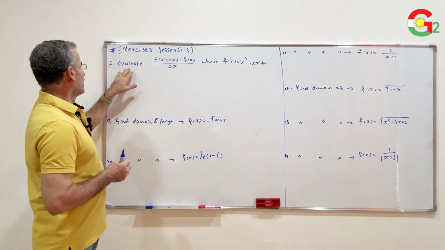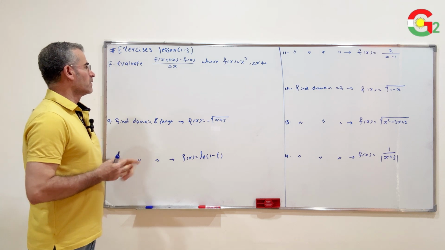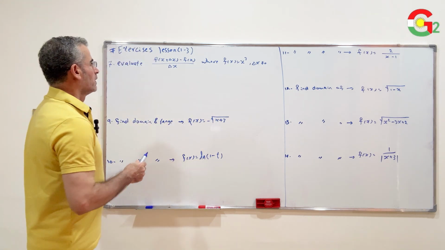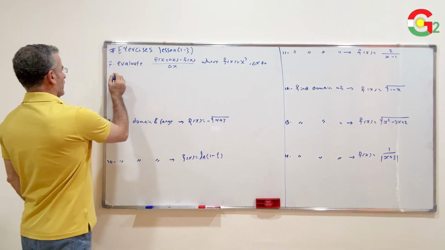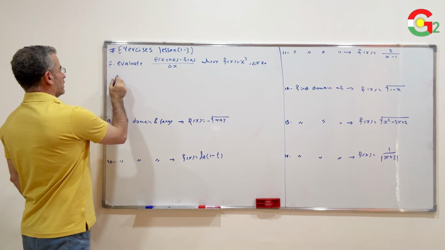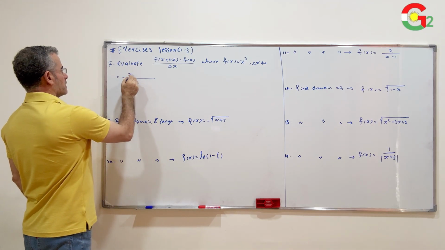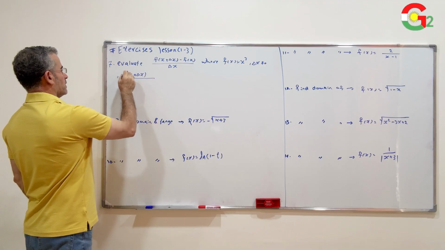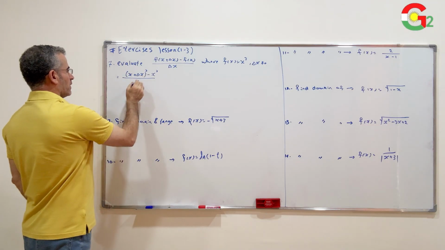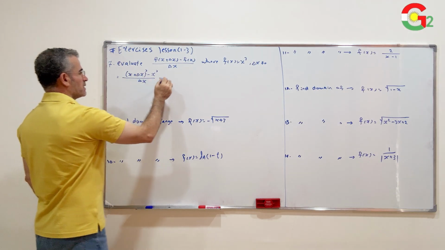Question number 7, evaluate f of x plus delta x minus f of x over delta x, where f of x equals x to the power 3. f of x plus delta x equals x plus delta x to the power 3, minus x to the power 3, over delta x.